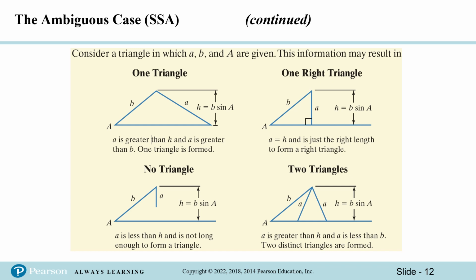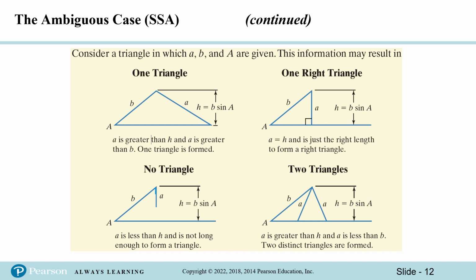There are possibilities that could happen. You could have one single triangle, right? You could have a right triangle, one single right triangle. You could actually have no triangle at all, right?